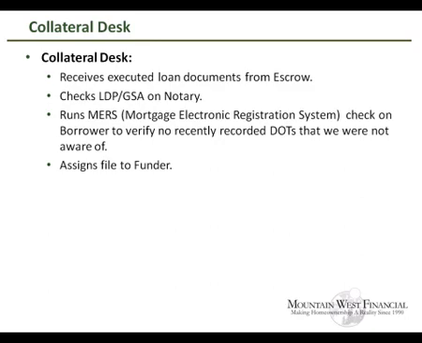And for those purposes, that's the reason why we check MERS when the loan documents come back. So actually we check MERS in the beginning of the transaction, and then again at the time of docs, when docs are returned. After she runs the MERS, then she assigns the file to the funder.